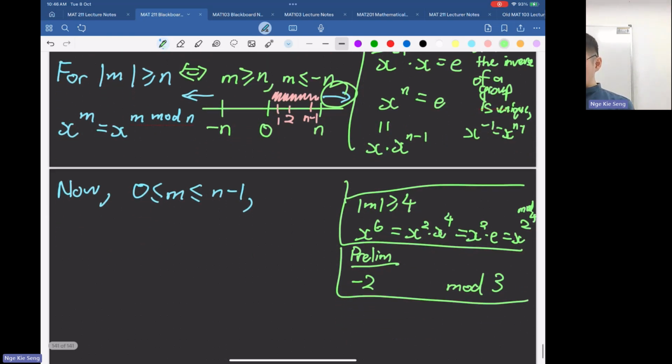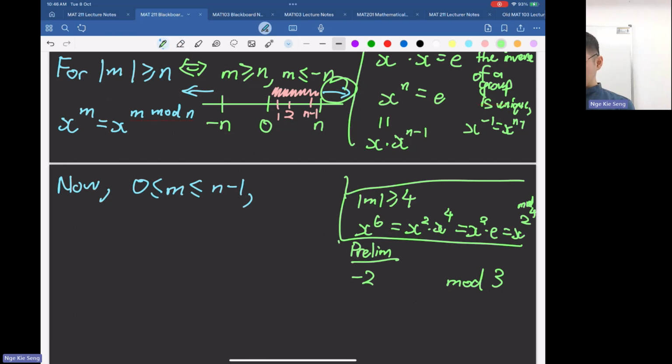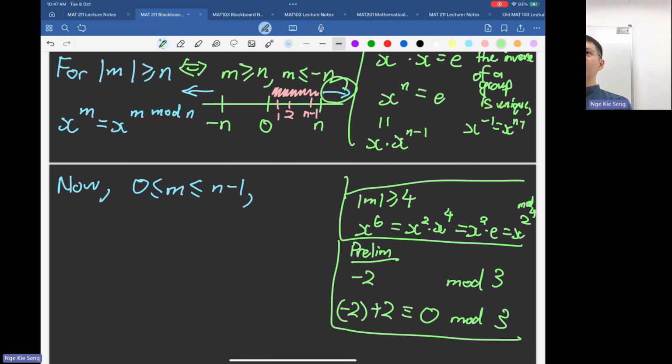Following the logic we have in our class, minus 2 means you add to 2, you get 0 mod 3. But what is the thing that you add to 2 to get 0 mod 3? How many elements are in Z3?